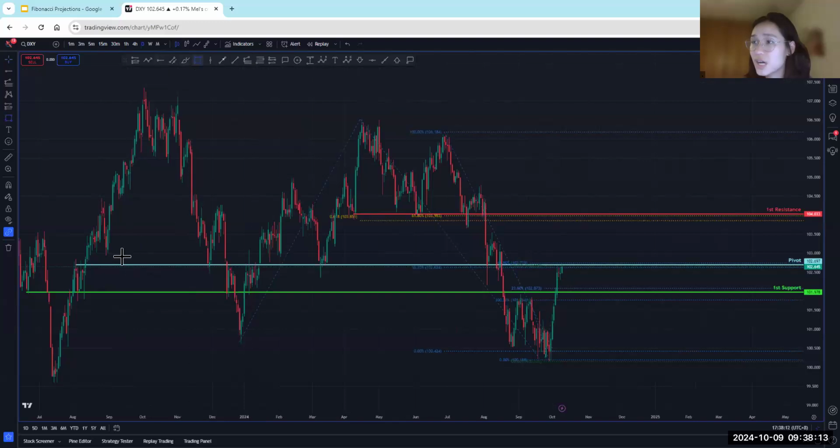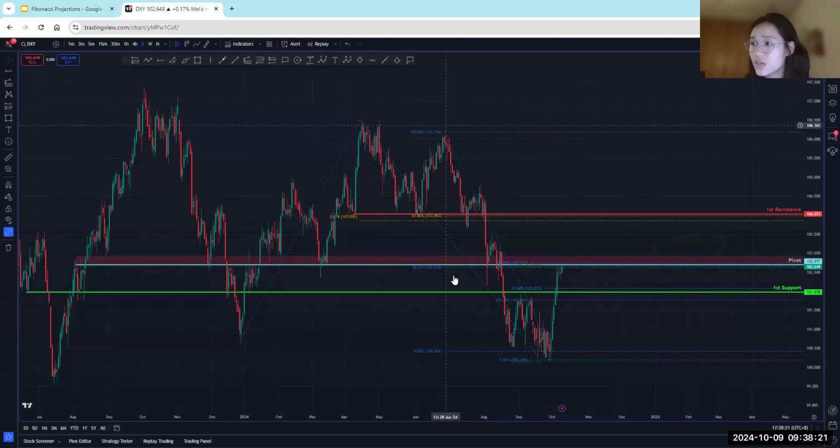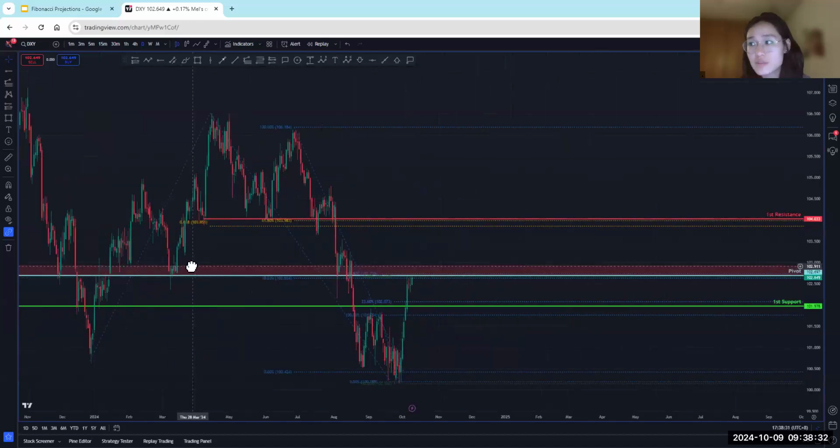Okay, so I'm gonna highlight this area here, because we might see a bit of resistance in this area, especially since we have a confluence area and we have prices that reacted off this area many times before.